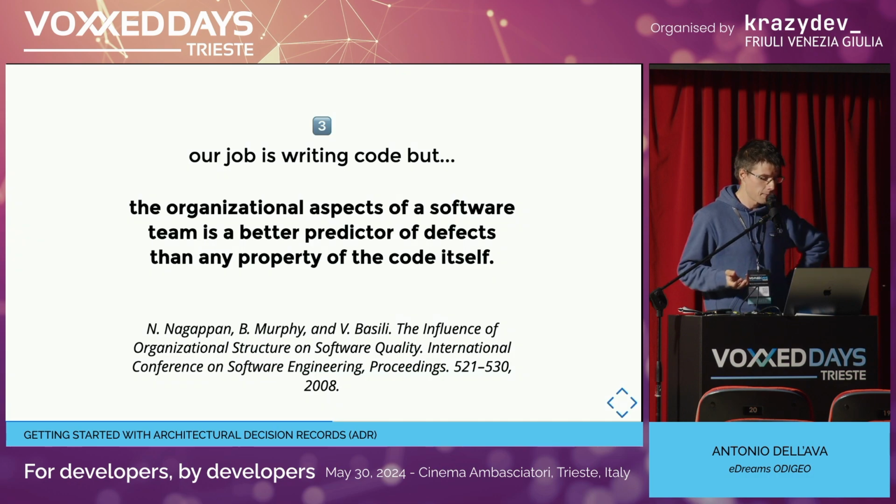They found that the organizational aspect of a software team is a better predictor in general of defects than any property of the code itself. So, as you can understand, these kinds of things are really, really important and can bring a lot of value.